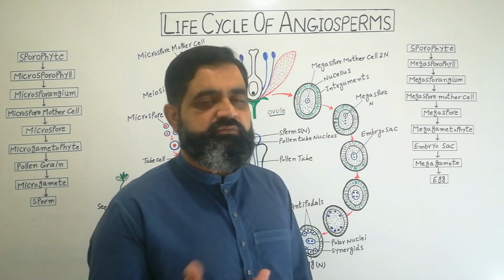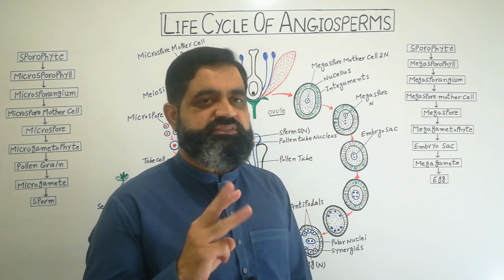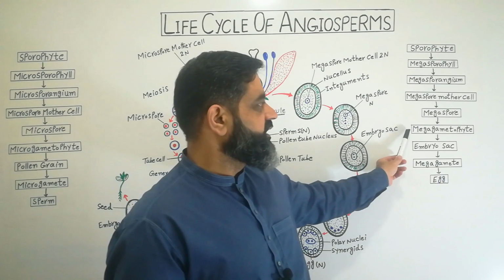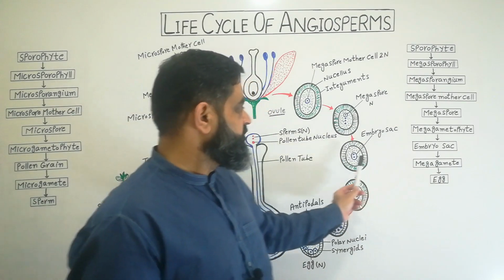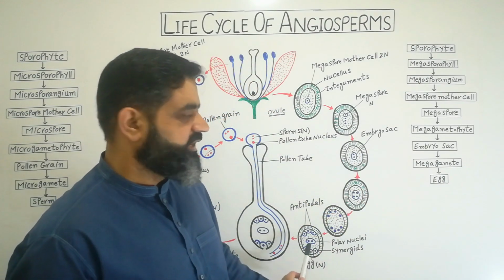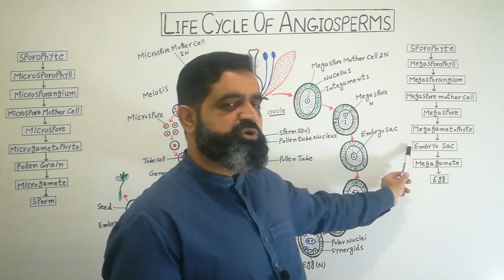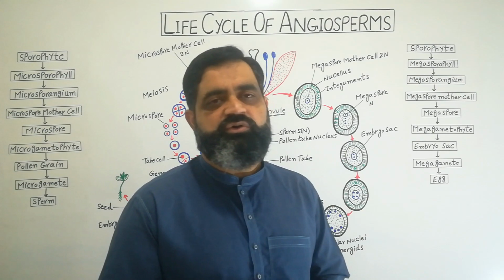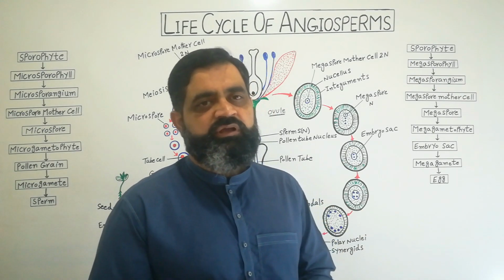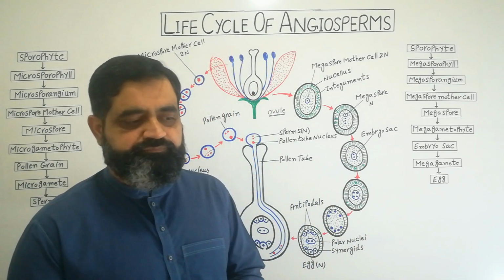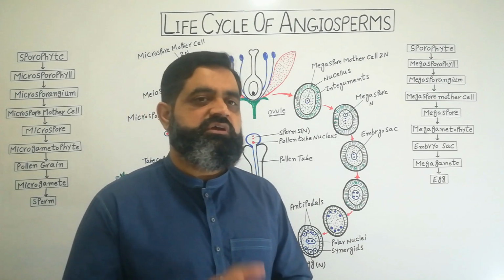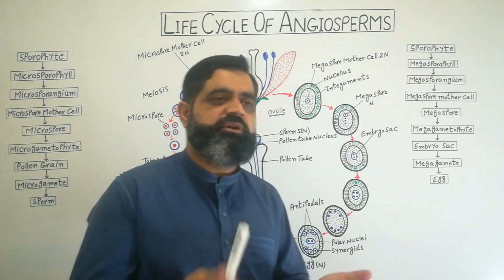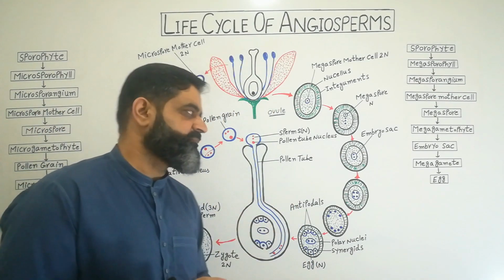Megaspore germinates, undergoes mitosis 3 times, and produces the megagametophyte. 1, 2, 4, 8 nuclei, and 7 cells inside the embryo sac, known as megagametes, which is the egg. This whole process is known as megagametophyte formation.